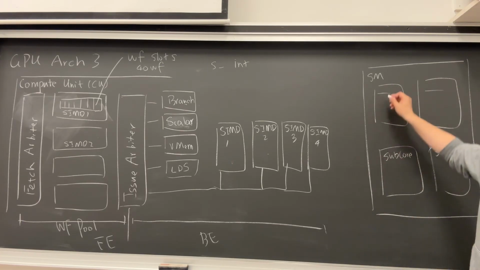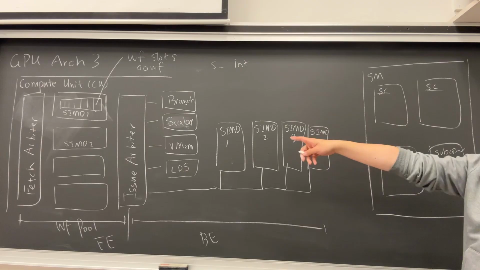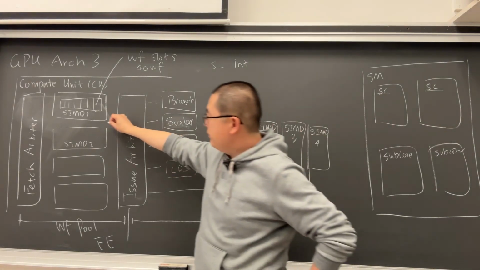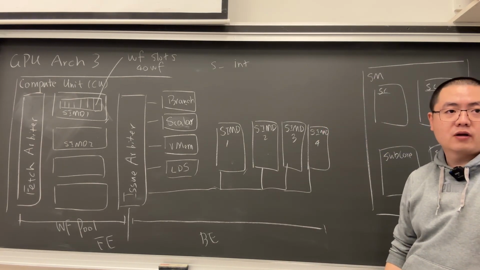Subcore, right? So there are 4 subcores in NVIDIA architecture. So if you compare with this diagram, now basically this SIMD and this SIMD, they are pretty much one subcore.